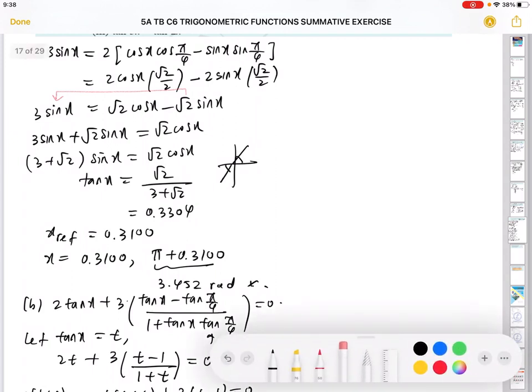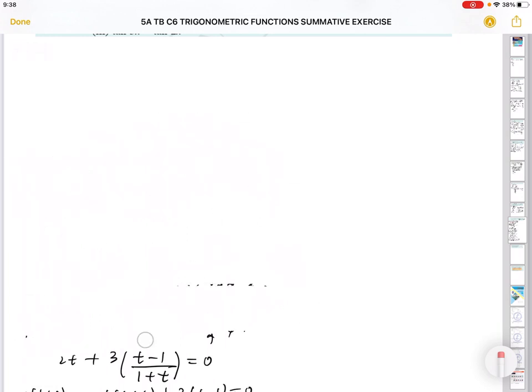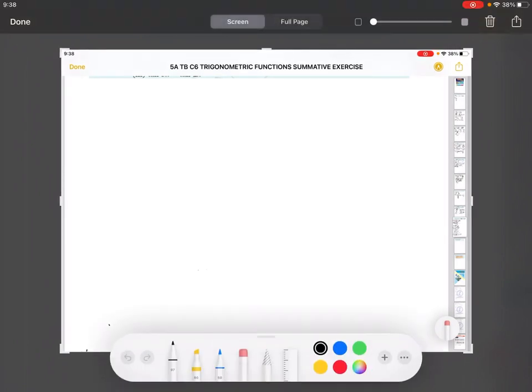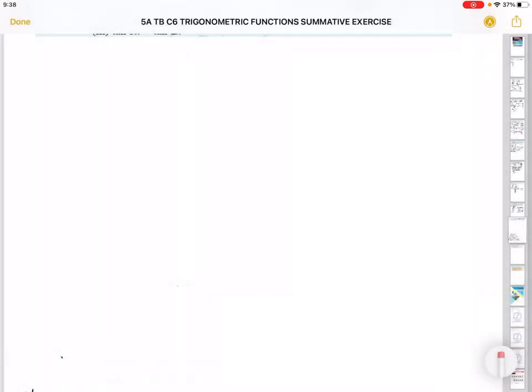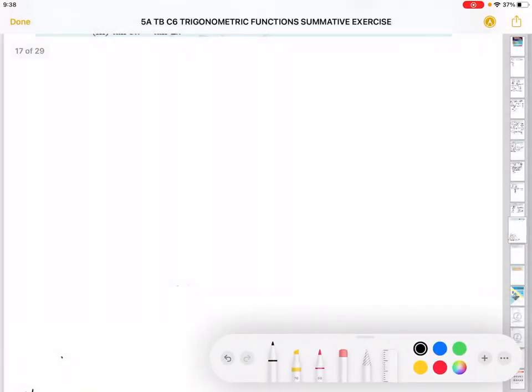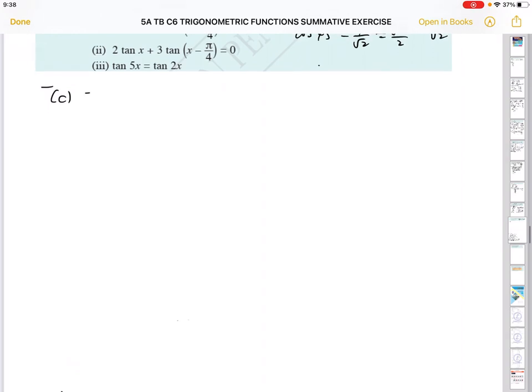Okay. So now you have tangent. This is part C. Let me move this down a little bit so you can see. Can you see? This is tangent 5x equals tangent 2x. The first time I look at it, like, wow, this is very hard for form 5. Why would they torture students like this? Then think about it, 5 and 2, what is the relationship?